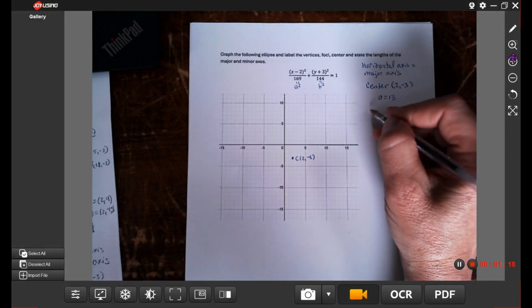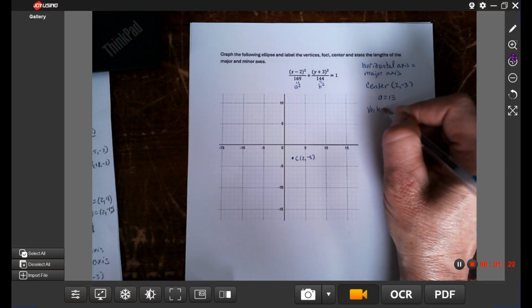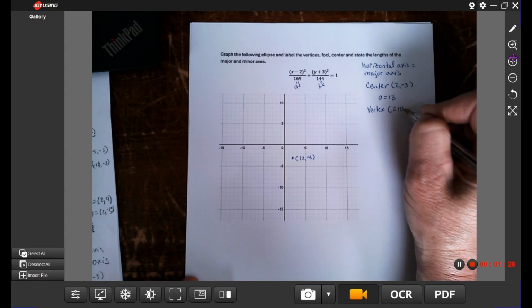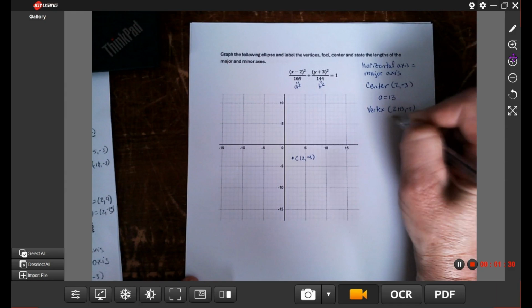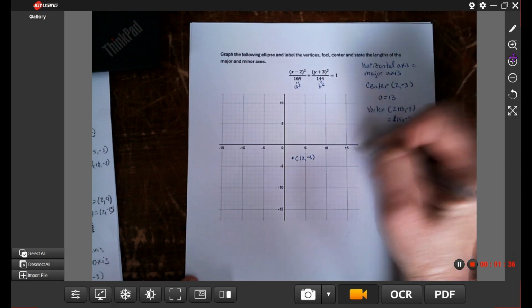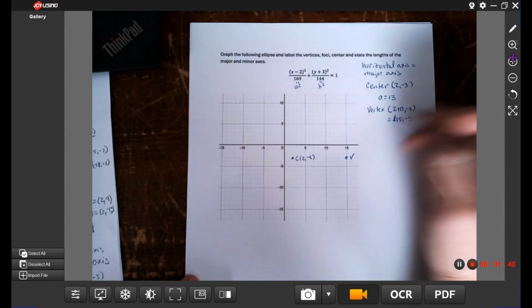So I'm going to find the vertices in the horizontal direction first. So there's a vertex to the right of it. So I'm going to take the x-coordinate and add 13 and keep the y-coordinate the same. So that would be (15, -3). So there's a vertex there.